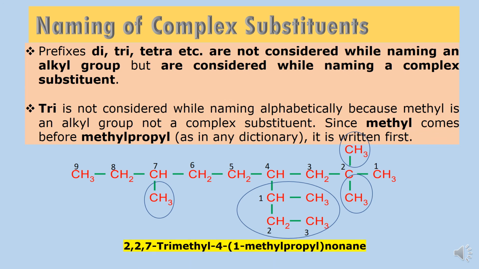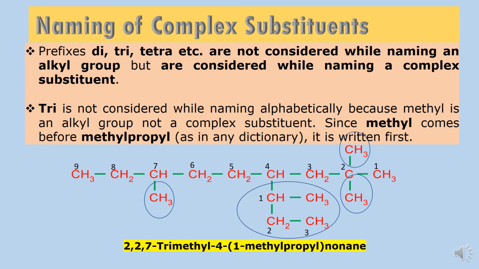For example, the name of the compound is 2,2,7-trimethyl 4,1-methyl propyl nonane. Here methyl propyl will not be given preference over trimethyl, because the T of trimethyl we do not have to consider. Only methyl is to be considered while deciding alphabetical order.